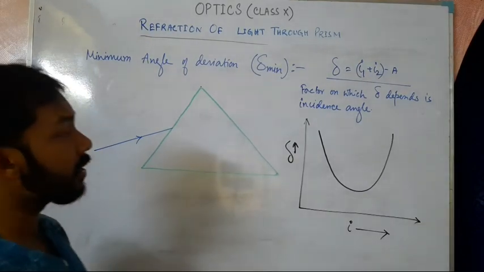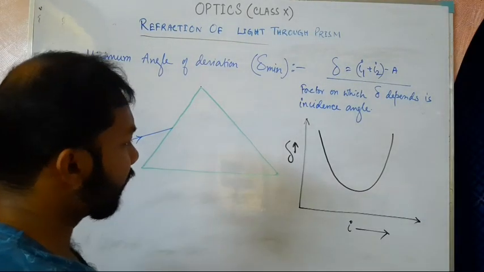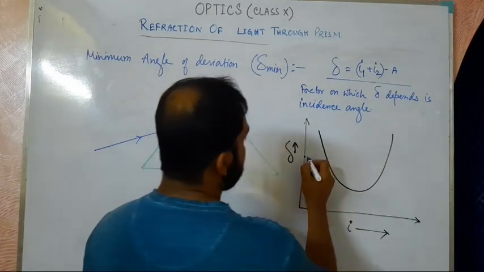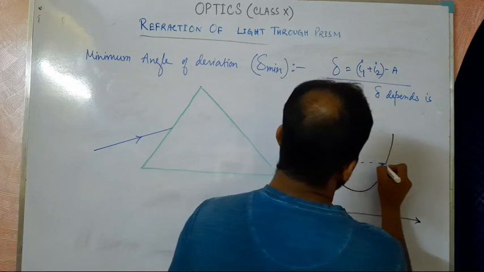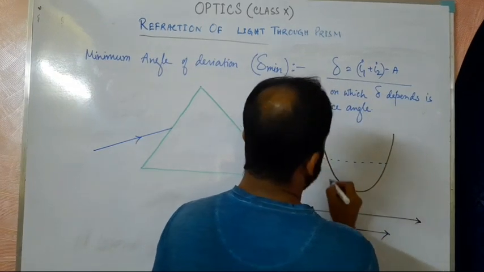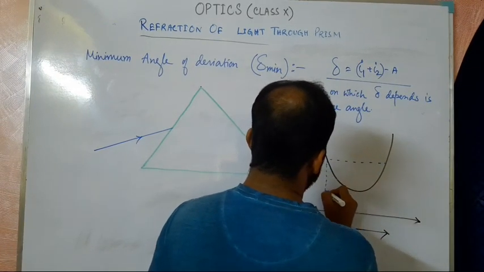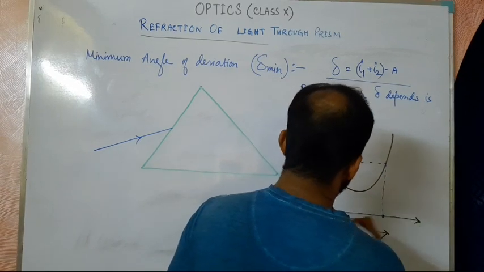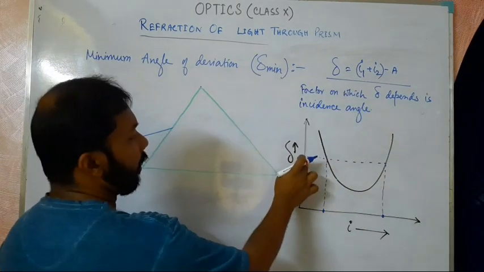What is the significance of such a graph? The significance is that if we choose any delta, we can find two incidence angles for that particular value of delta.